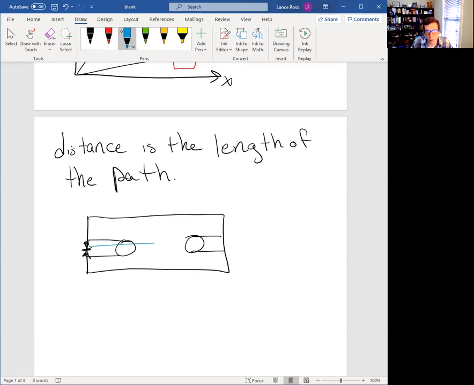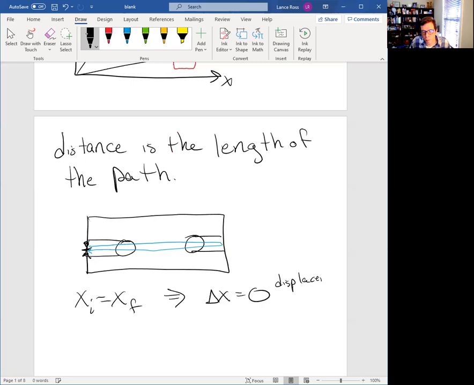You're going to run all the way down the court under the other goal and come back. You return to the same point, right? So x initial is equal to x final. So delta x is 0, right? So your displacement is 0. You ended up right back where you started.